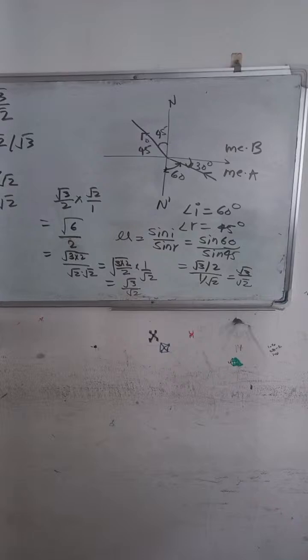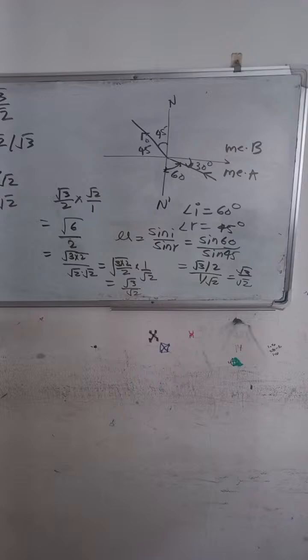So I'll repeat one more time. The diagram given below shows an object O and image I. Without actually drawing the ray diagram, state the following. First, type of lens. Second, name two optical instruments where such an image is obtained.